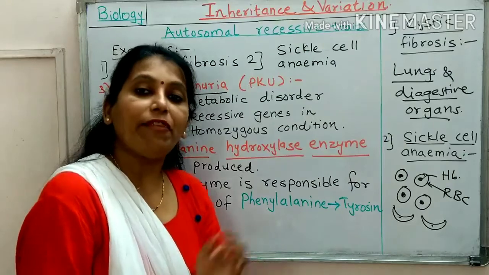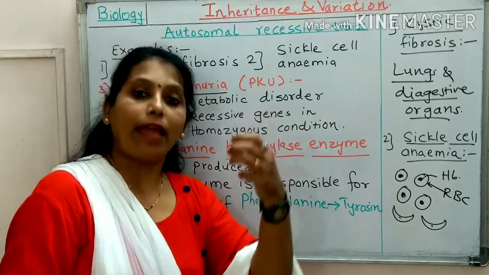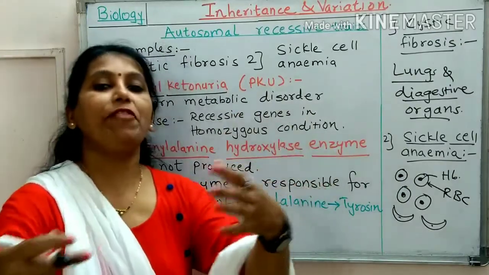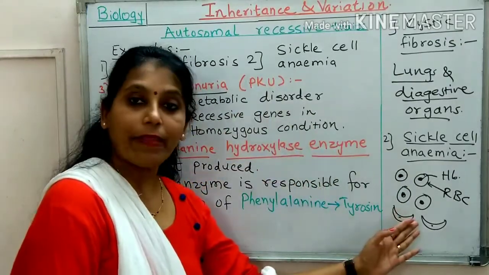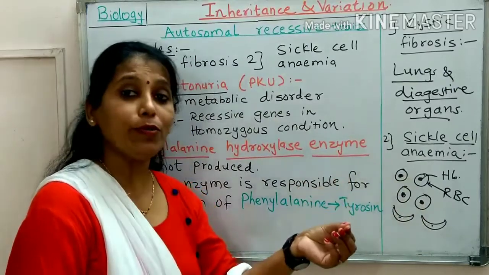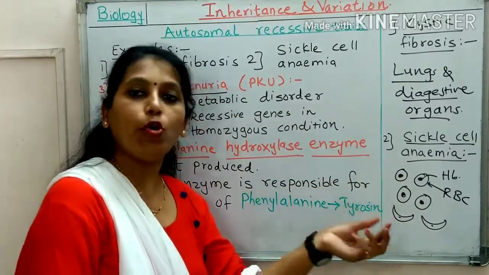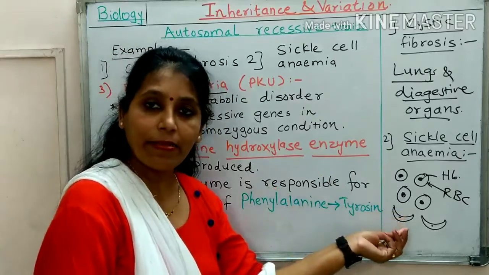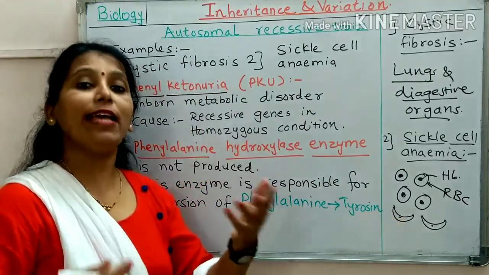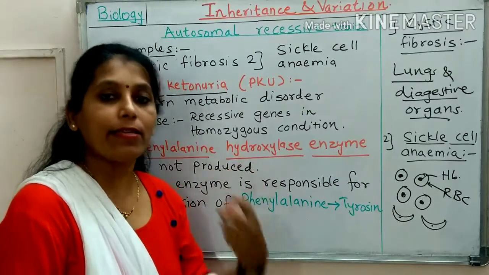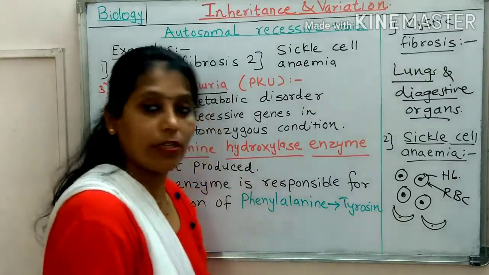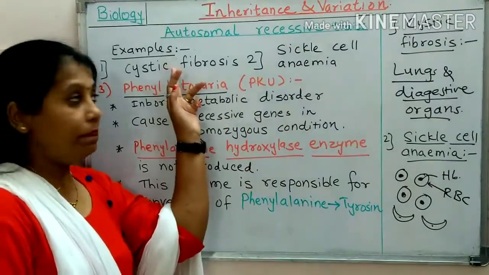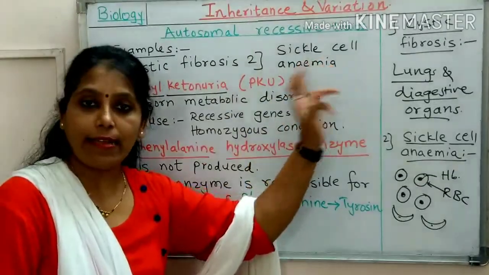The function of hemoglobin is to carry oxygen from the blood to different parts of the body. Now here, as the shape of the RBC changes, naturally very little hemoglobin can be present inside the RBC. So every cell will get less and less oxygen. So it is a severe condition. This is all about cystic fibrosis and sickle cell anemia.